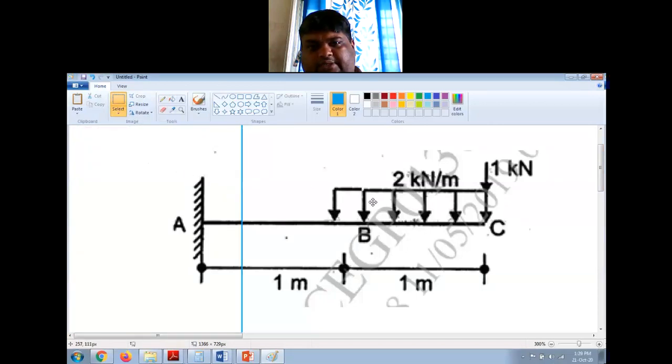I'm just extending the UDL now. The magnitude of the UDL would be the same, 2 kilonewton per meter.